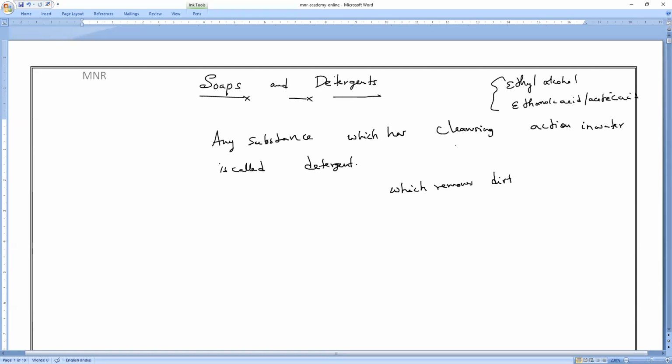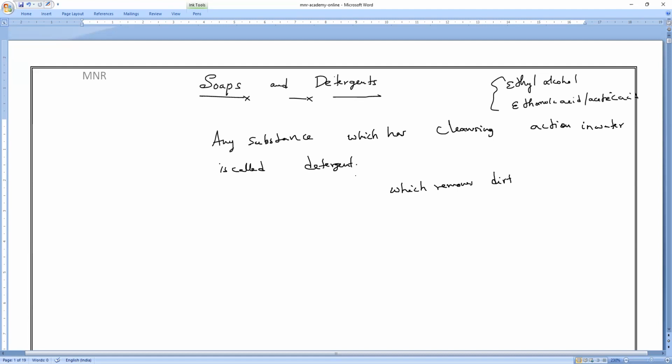Now these detergents, there are actually two types. Whatever it is, to clean your hands or your body or your clothes or your home, all these substances, in scientific language, remove the dirt from surfaces.